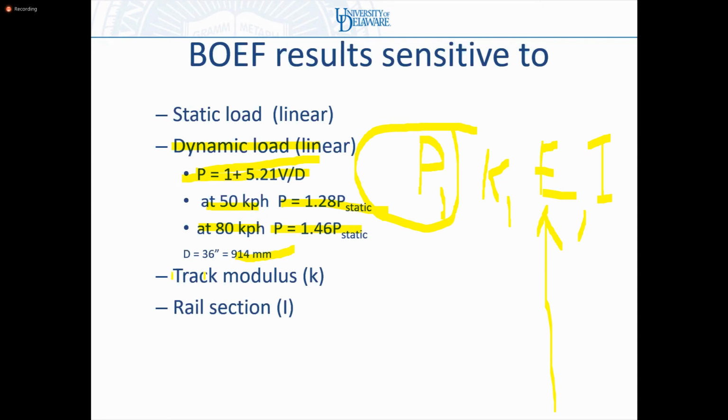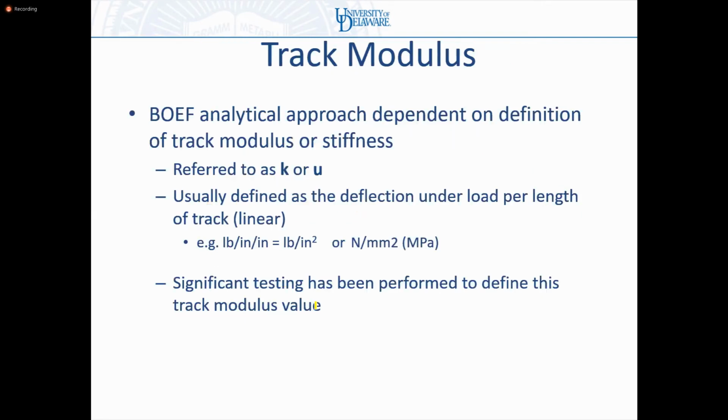Track modulus, again, we're going to come back to this, is the support stiffness of the track. It's basically the sleeper, the ballast, and the sub-ballast effect, which we're converting into this continuous linear spring. And the rail section is the moment of inertia of the rail size that you're using.